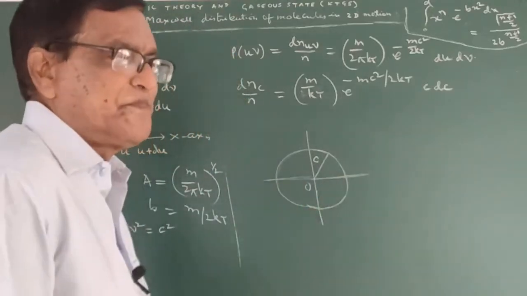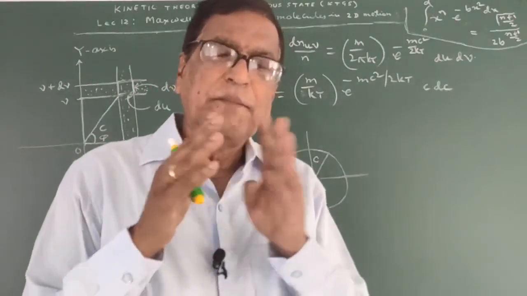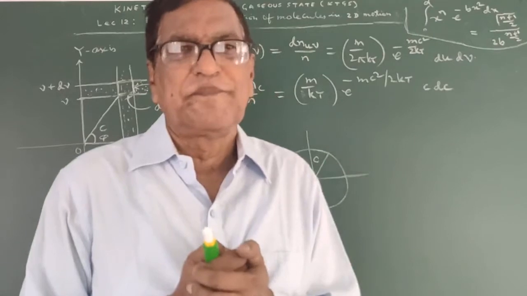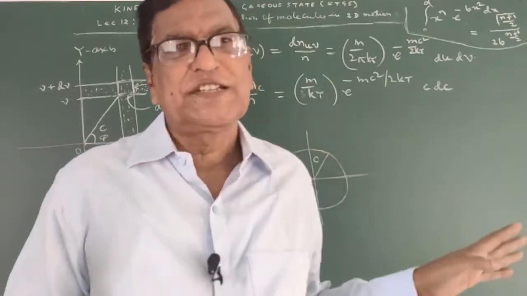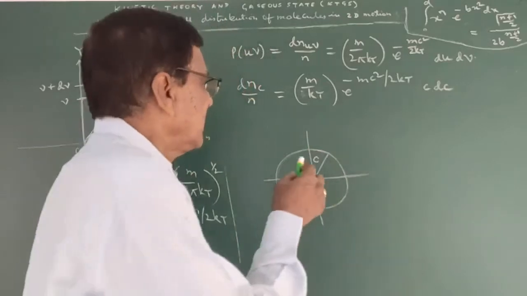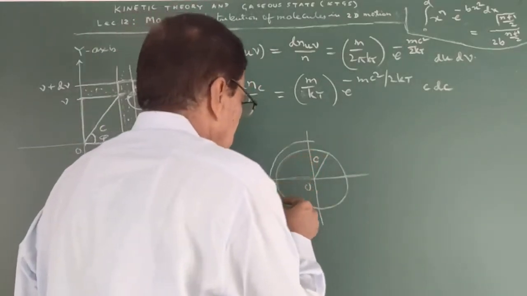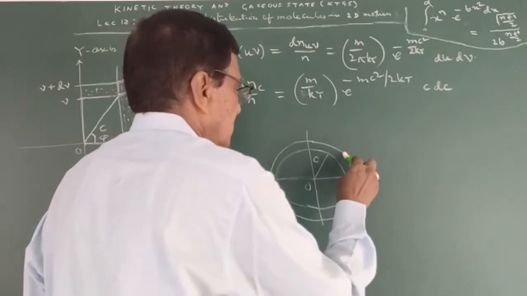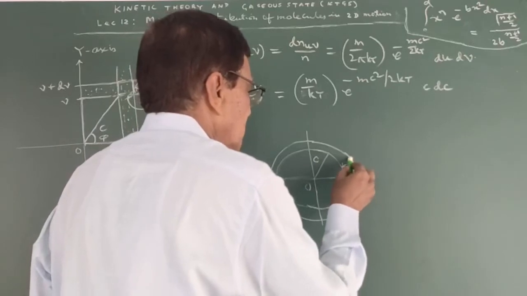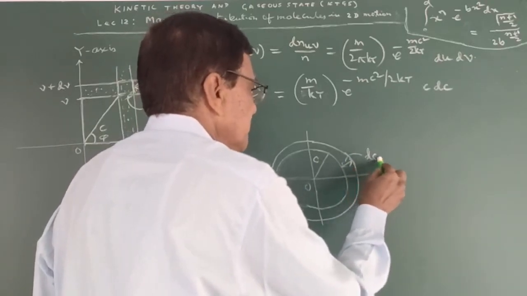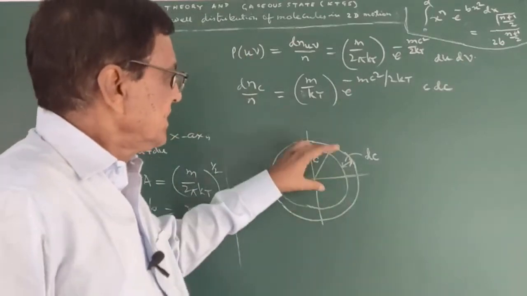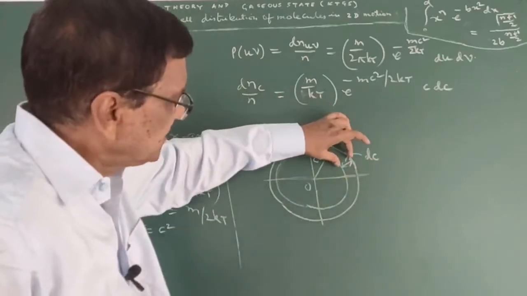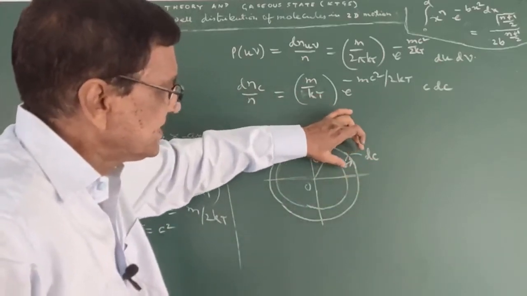If we consider the number of molecules or fraction of the molecules having the speed c to c plus dc, irrespective of direction on the planar motions, then we can draw another circle whose range is dc. This is c and this radius is c plus dc. So the width of these two concentric circles is dc.